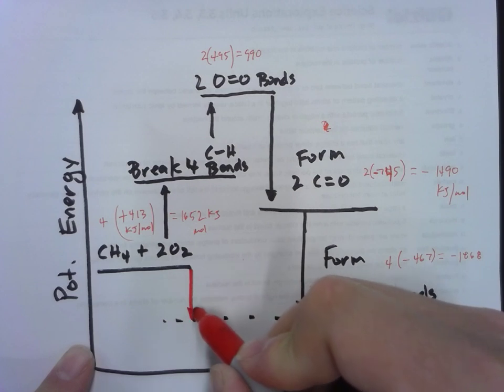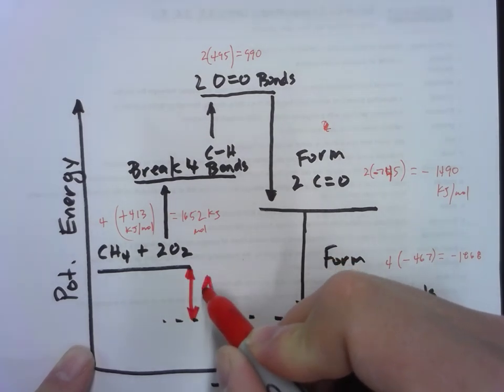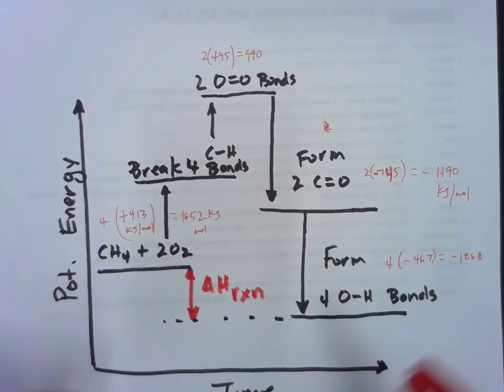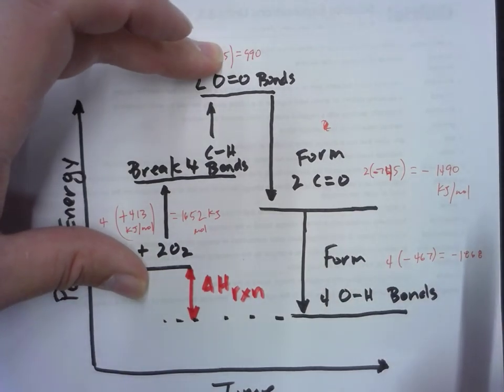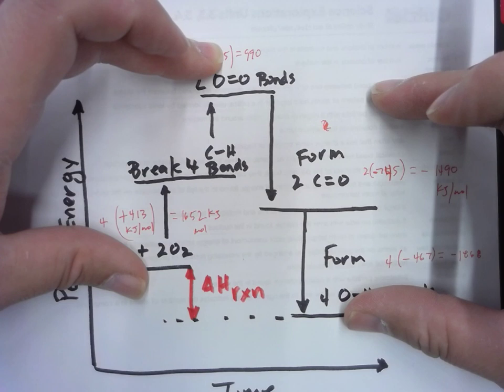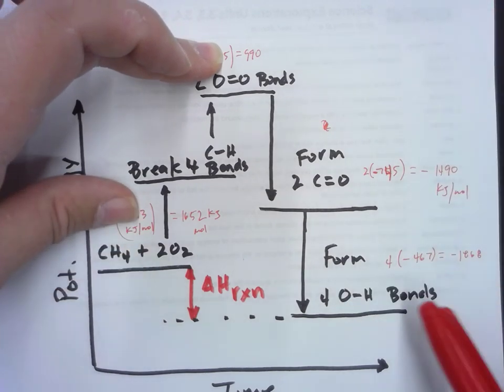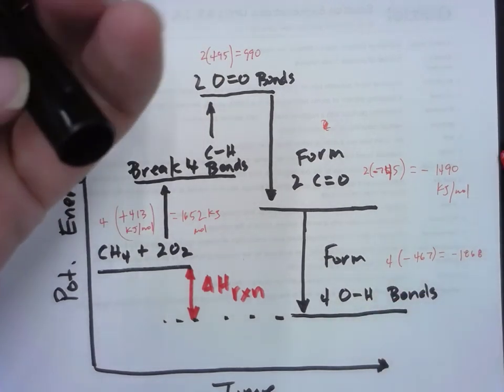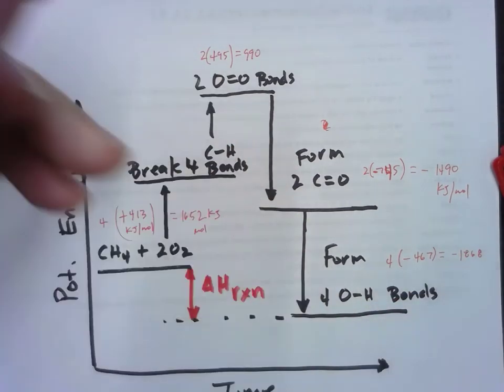This difference here is your delta H of reaction. That's the difference between the amount of energy that you put in versus the amount of energy that comes out. In this case, more energy comes out, and it's an exothermic reaction. It releases heat.